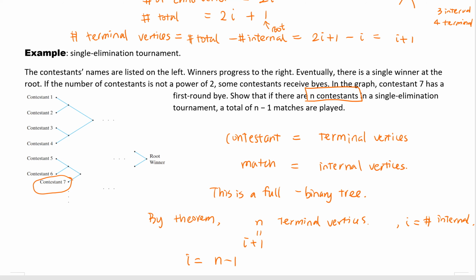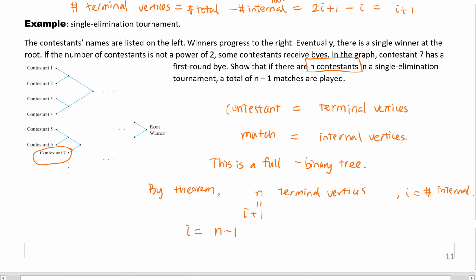Therefore, we have n minus 1 internal vertices. That corresponds to n minus 1 matches. So we have n minus 1 matches. So far, so good, everybody? Alright, let's continue.